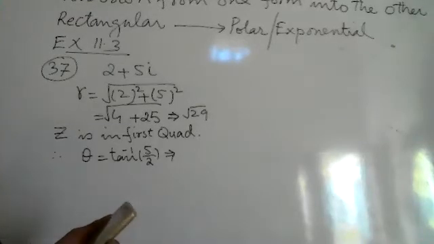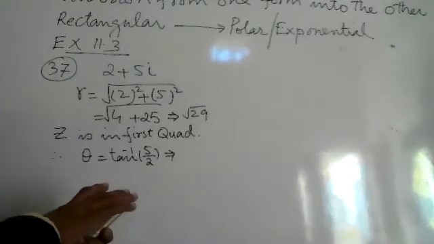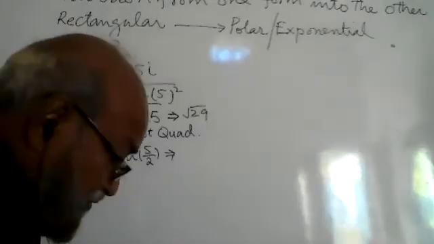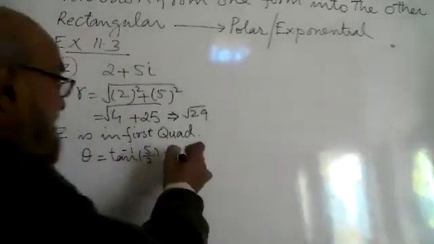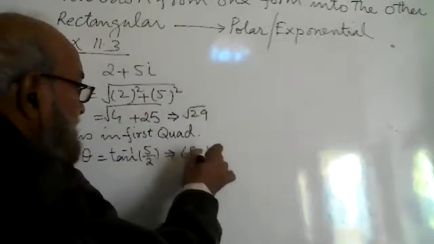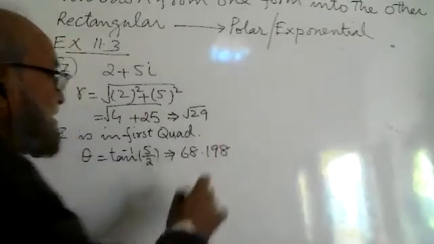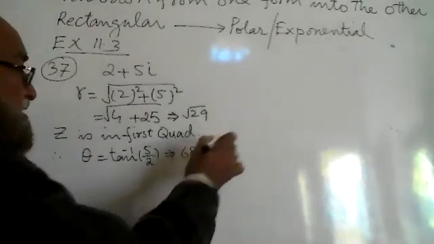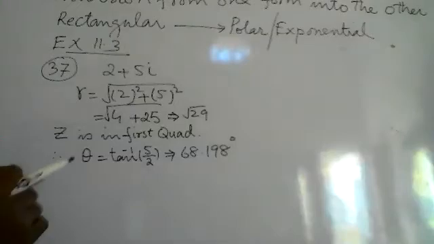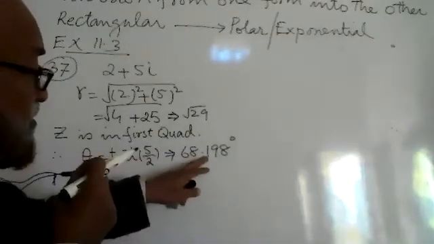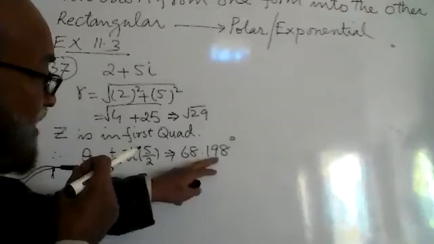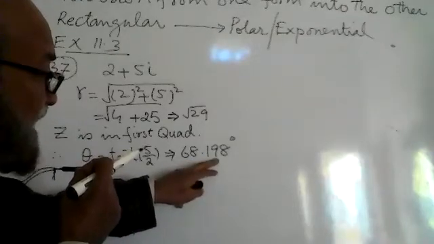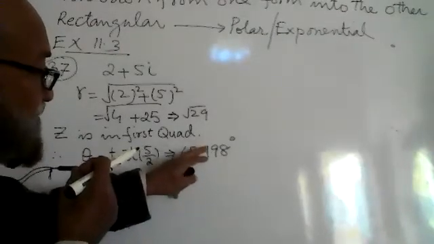The answer is 68.198 degrees. So we have to take the answer up to 1 decimal place. After that there is a 9. If the following number is 5 or more than 5, we add 1.